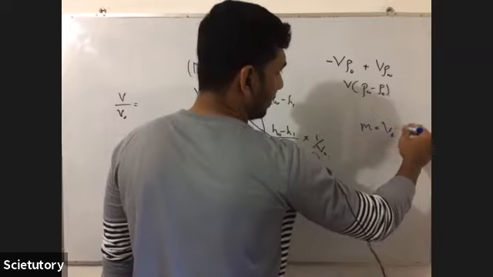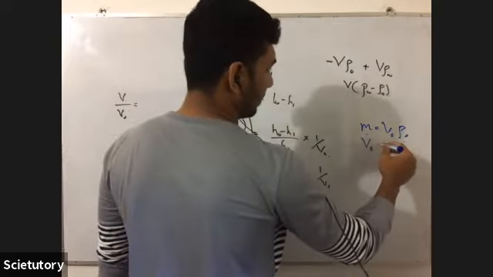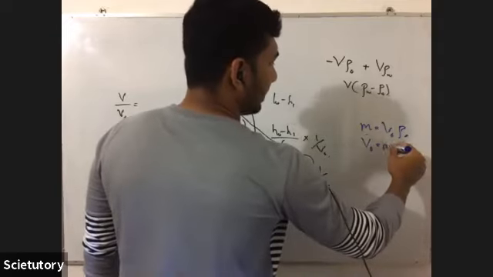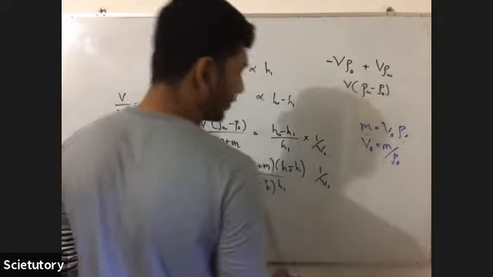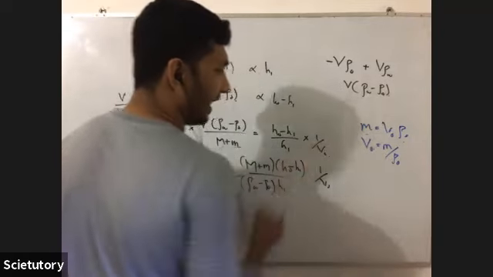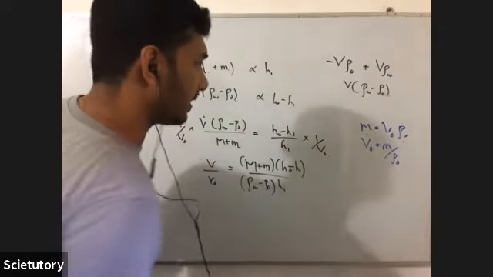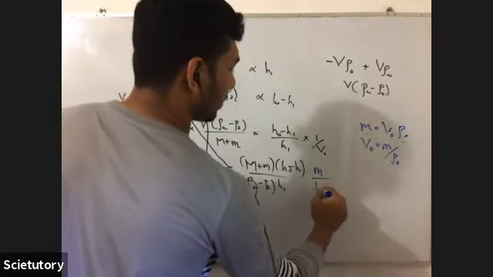So V naught into rho oil is equal to M. So you're just going to substitute V naught with M over rho oil. I'm not writing O-I-L because I'm lazy to write that.